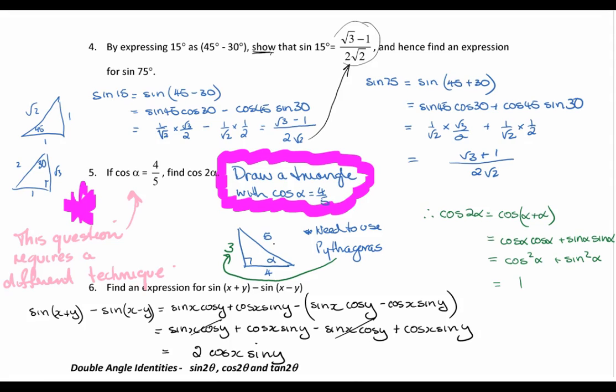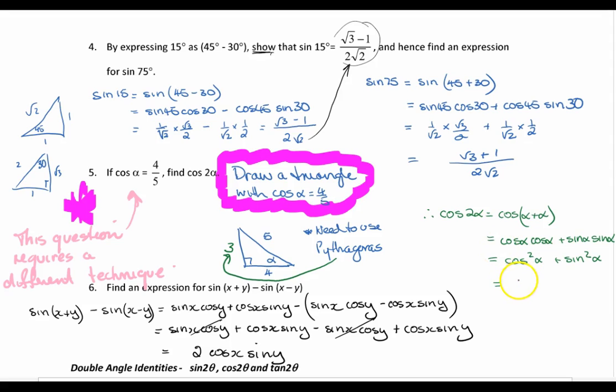How does that help? That helps because we now have cos of alpha, and cos of alpha is cos squared alpha, and sine alpha. Well, I've jumped to cos squared plus sine squared equals 1. Let's just show that that works.